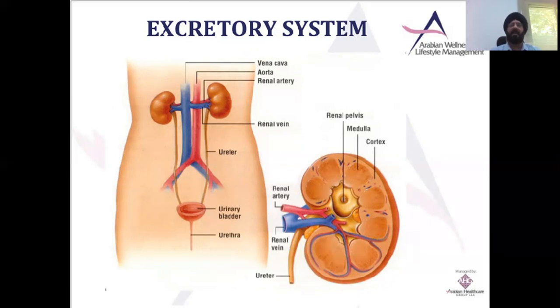The kidney is a bean-shaped structure placed on either side of the vertebral column at the area of the renal angle. Each kidney has 1 million excretory units known as nephrons. Nephrons are responsible for filtering out the nitrogenous waste, salt, and excess water from the blood.